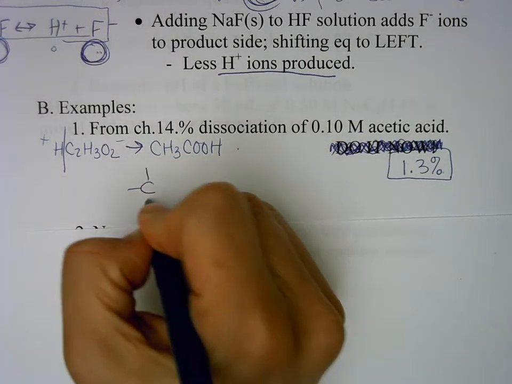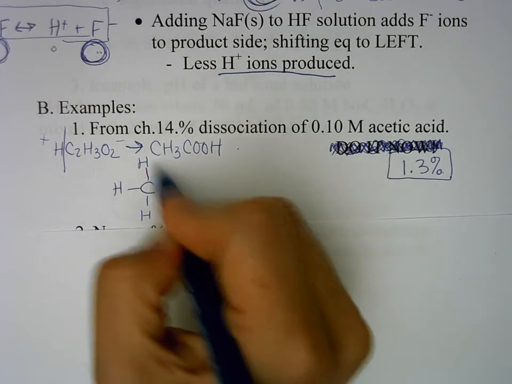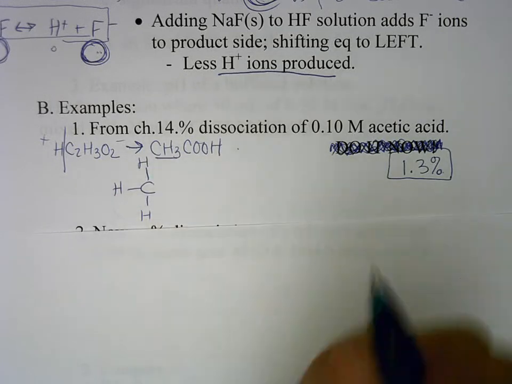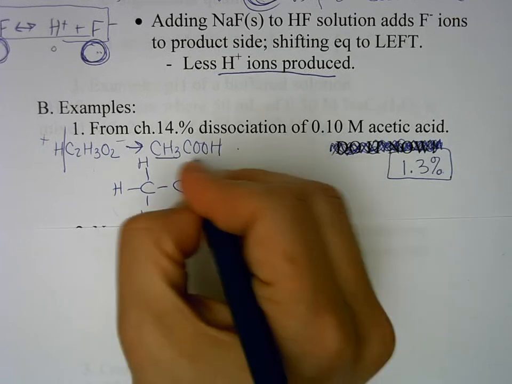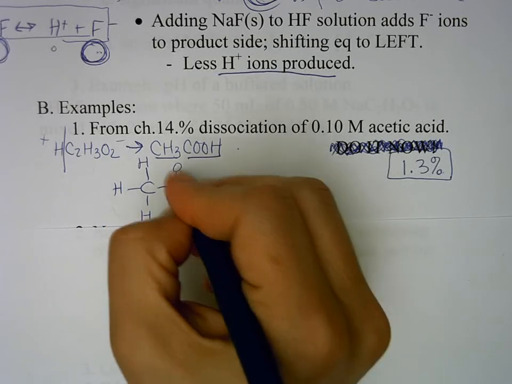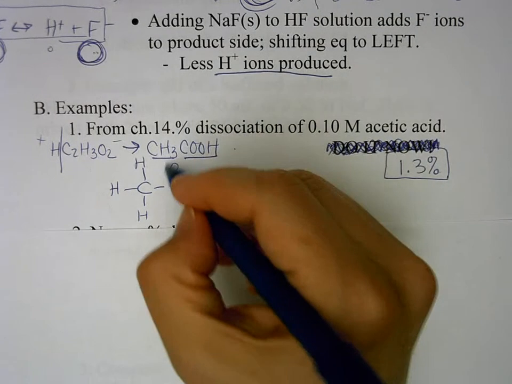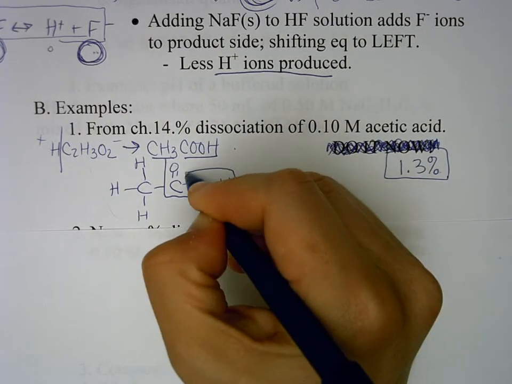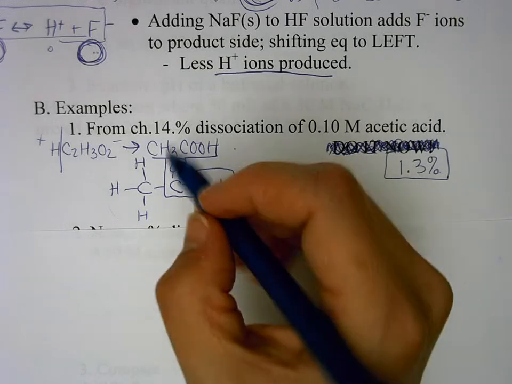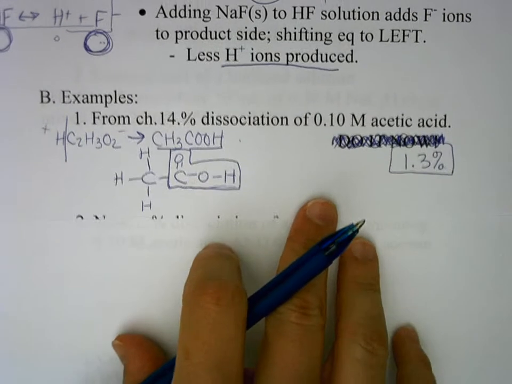If you were to draw out the Lewis structure, you have this CH3 over on one side, attached to the carbon, then the 2 oxygens, and then the last hydrogen. They write it that way because it deals more with the structure of the formula.